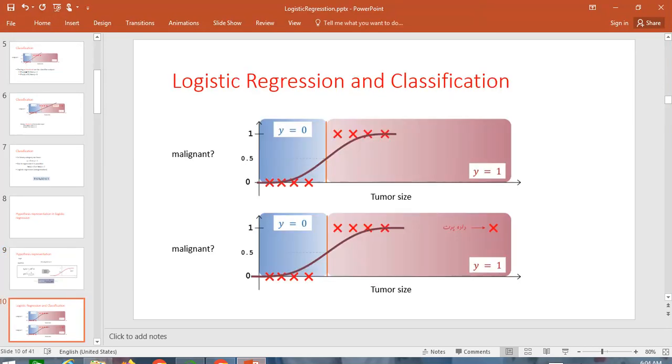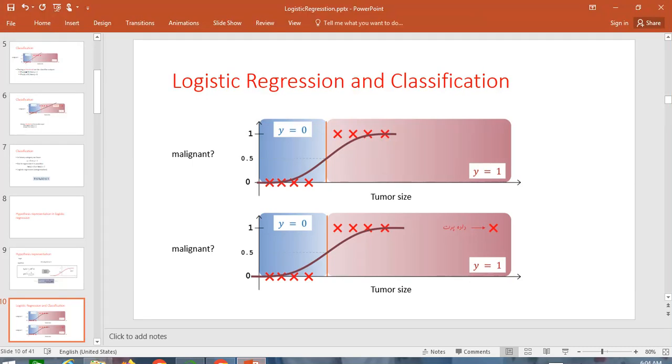If we have outlier data, it does not have a significant effect on the output of this logistic function, and the output amount will not change much. If we use strictly ascending continuous functions, the output difference in outlier data would be too high. So logistic regression is also regression, only instead of fitting a line, we fit the sigmoid function.